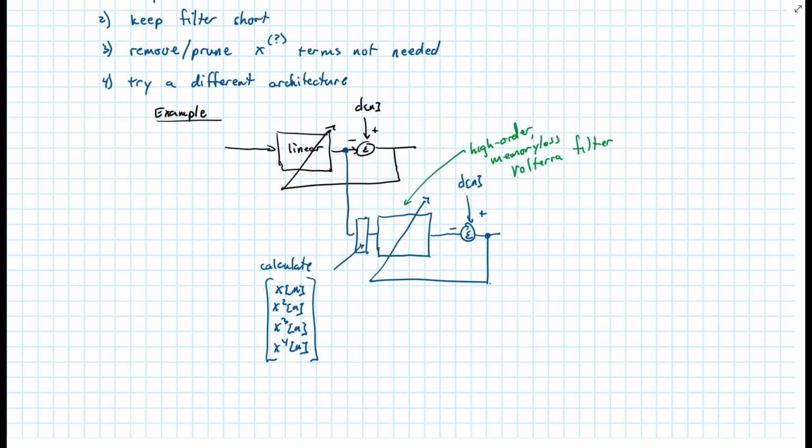It could also be not quite memoryless. It could have, say, maybe 1 or 2 samples. And this lower filter then takes care of the nonlinearity, removes it, and this upper one removes, for example, the echo room response.